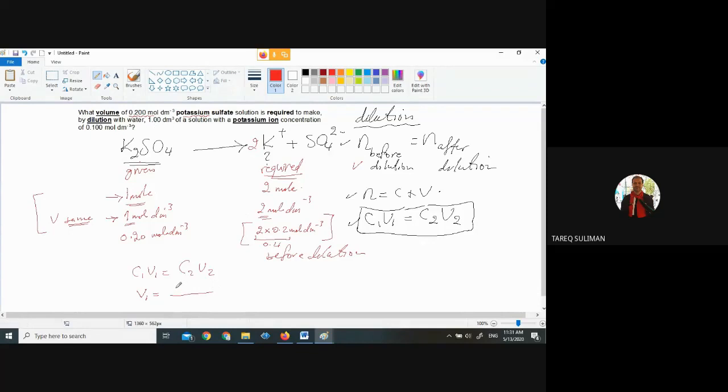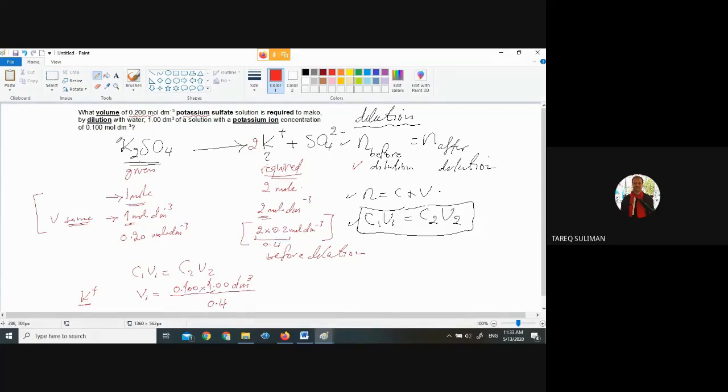C2 is 0.1, multiplied by the volume, which is 1, state the unit decimeter cube, divided by C1, 0.4, we calculated it. Clear?